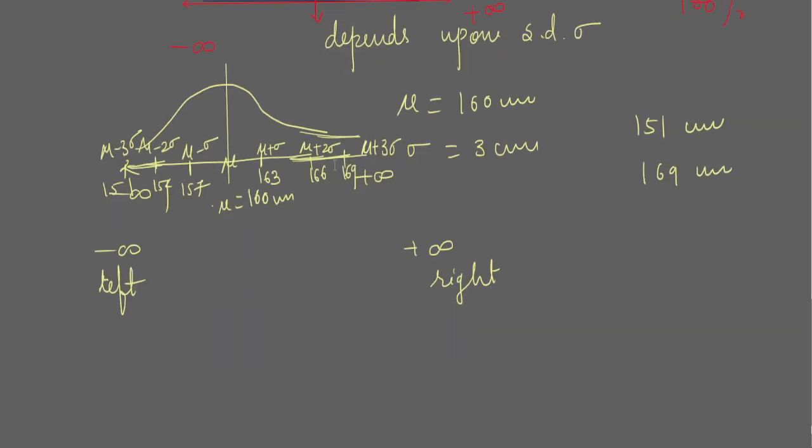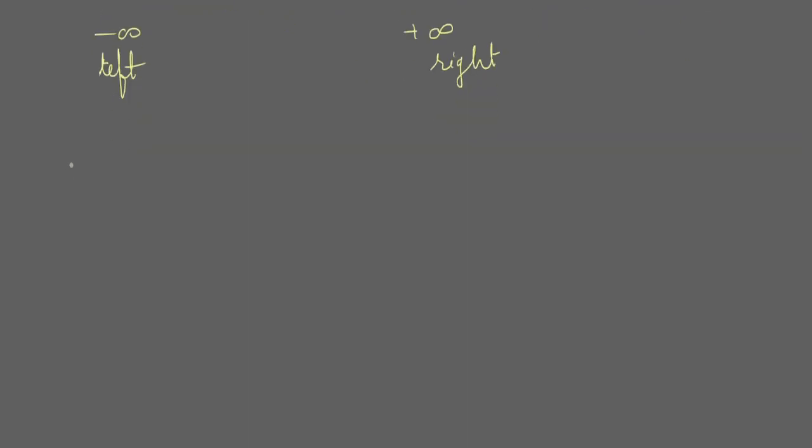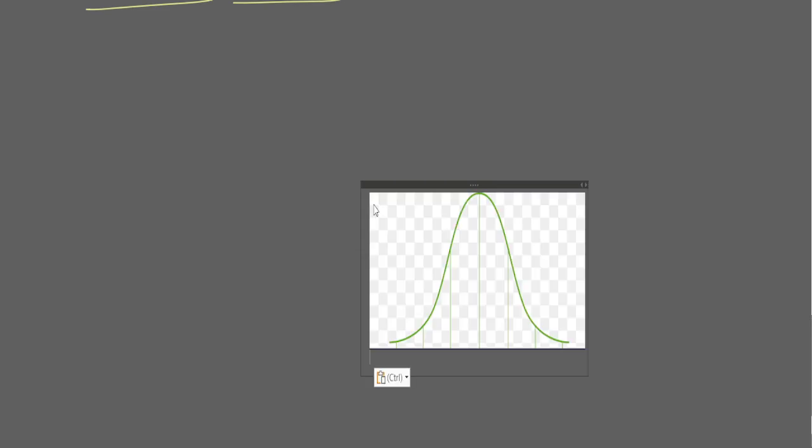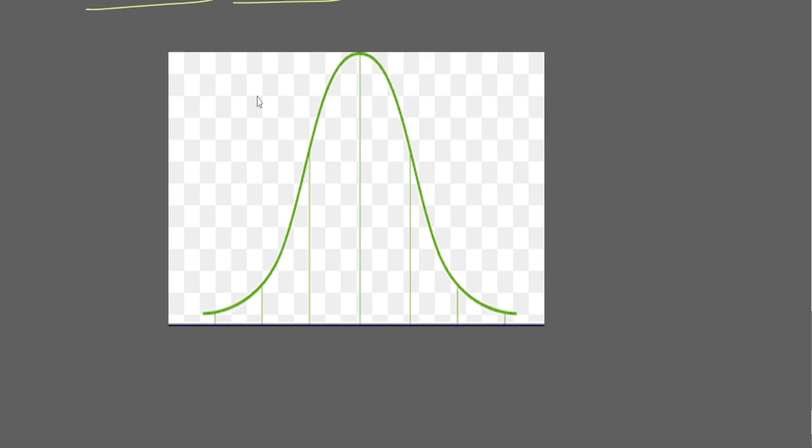Moving ahead with the empirical formula, or the 68, 95, 99.7 rule. So let us consider the distribution again.